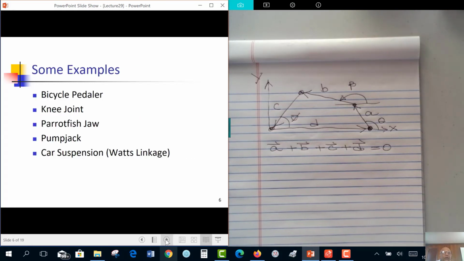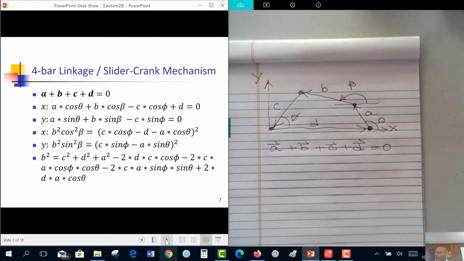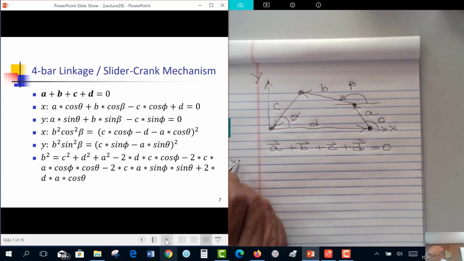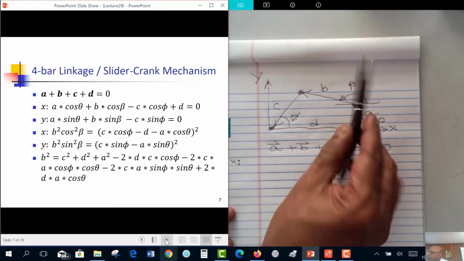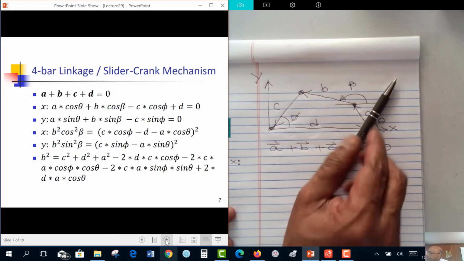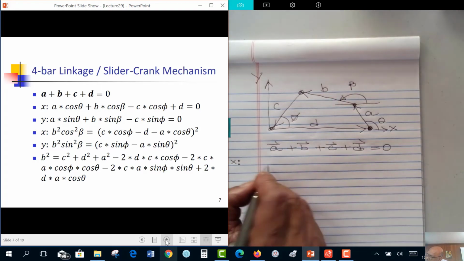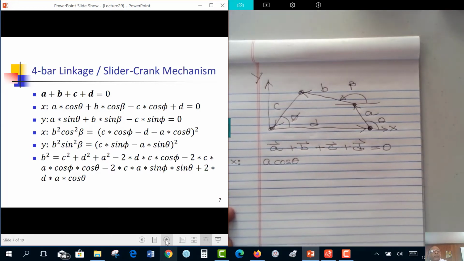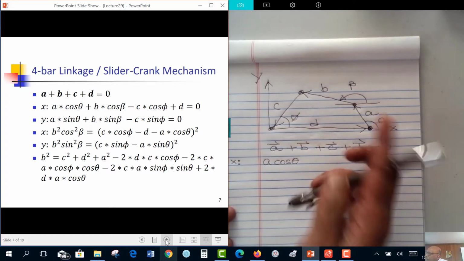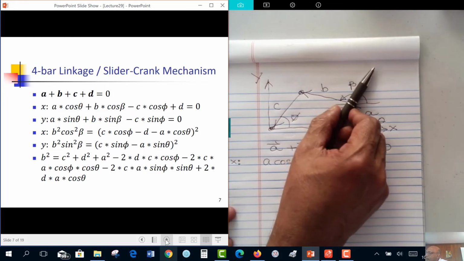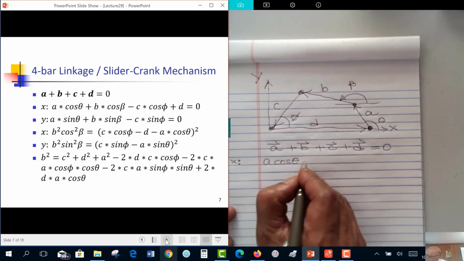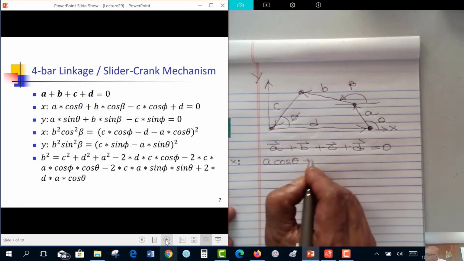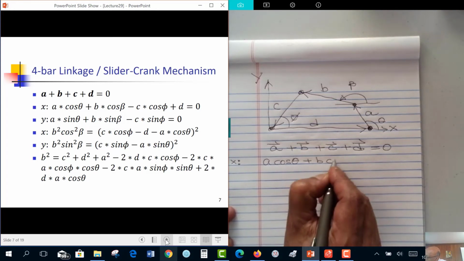So what we are going to do is we are going to write this vector equation in its xy components. So we see we have vector A. If it is at angle theta, its x component would be A cosine theta. If we have B at an angle of beta, its x component would be B cosine beta.